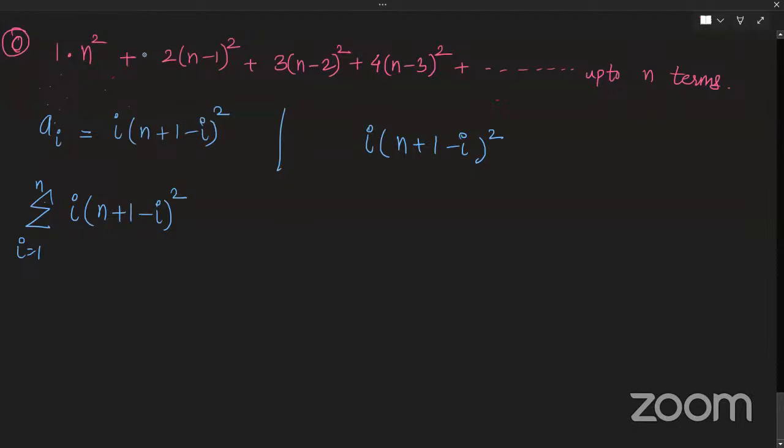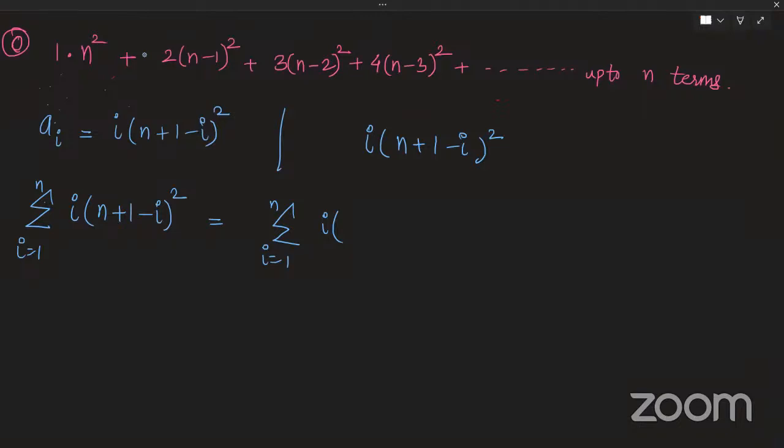Since it is going from 1 to n, there is no option. You would need to open up the bracket. Tell me, how will you open (n plus 1 minus i) whole square?